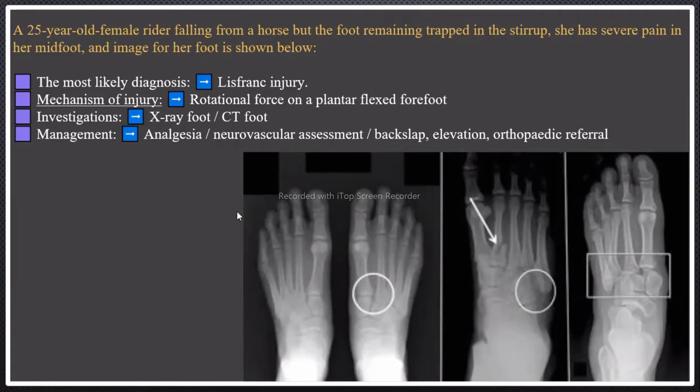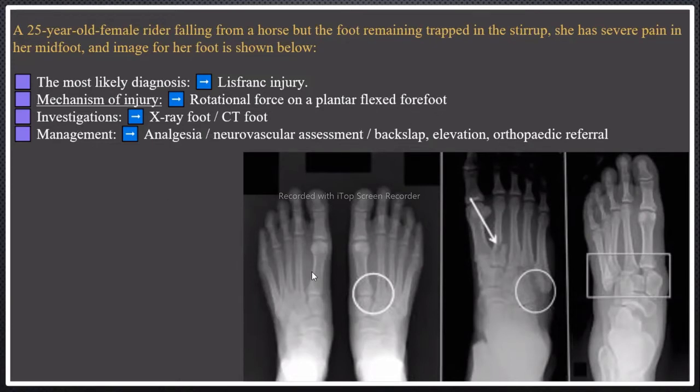So the mechanism here, the patient, for example, riding a horse and fell from the horse, it's not traumatic, no trauma. But what happened in the foot? Rotational force on plantar flexed forefoot. So they can ask you what is the mechanism of injury. So you can choose rotational force on plantar flexed forefoot or midfoot.